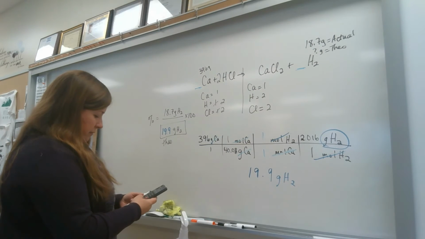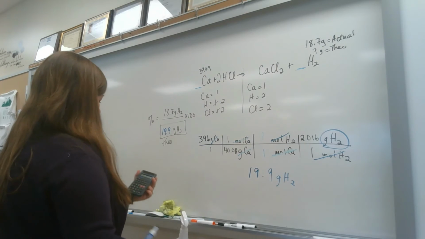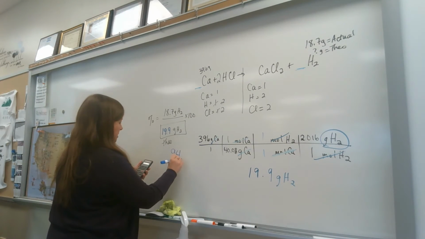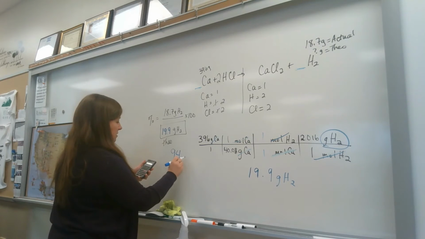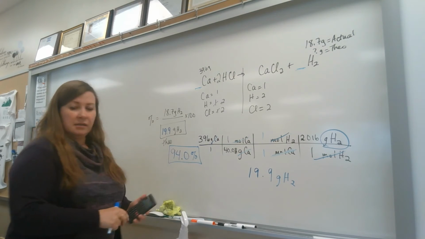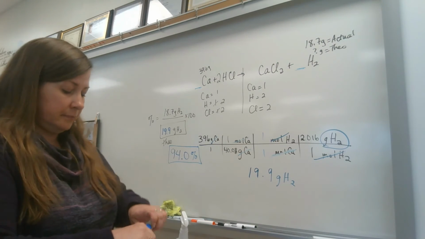Actually, probably 94.0 because 93.96 is what I got. So that is our percent yield. So I'll do one more problem and then I'll cut you loose on your own to solve some problems on your own.